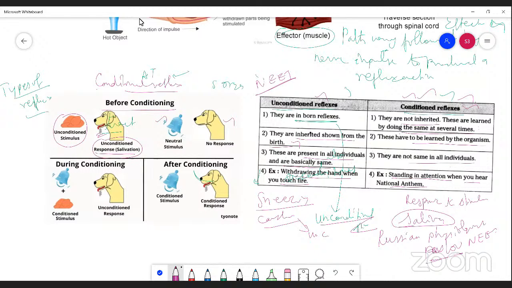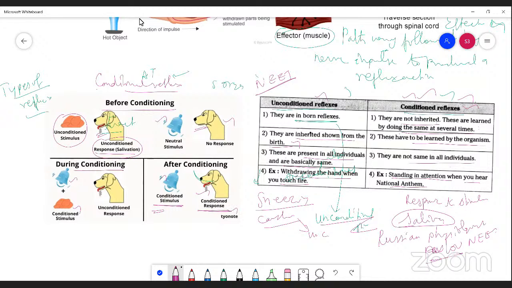During conditioning, we keep the food while ringing the bell, and the dog produces saliva. We then give the practice, so the dog gets used to that condition. Whenever we ring the bell, the saliva is produced automatically, even with no food at all. That is the conditional stimulus, and producing saliva on hearing the sound is called the conditional response.